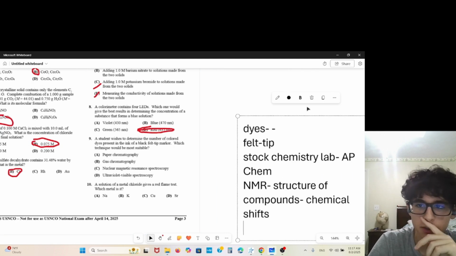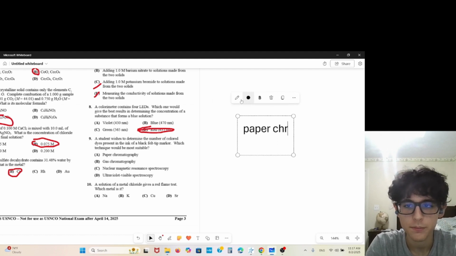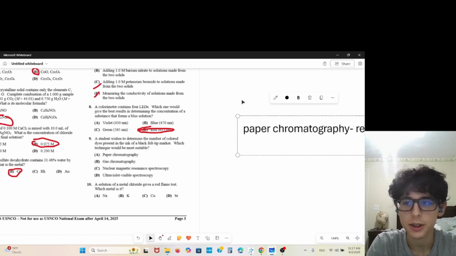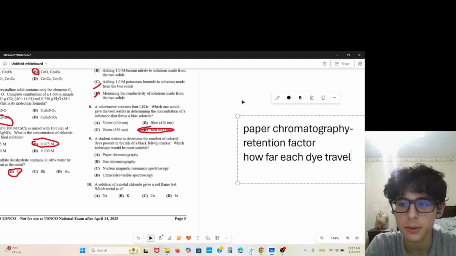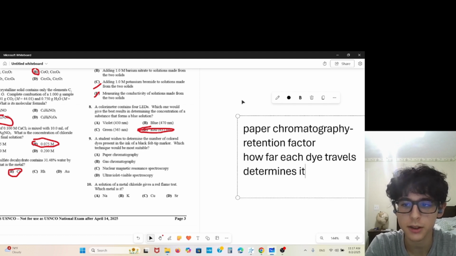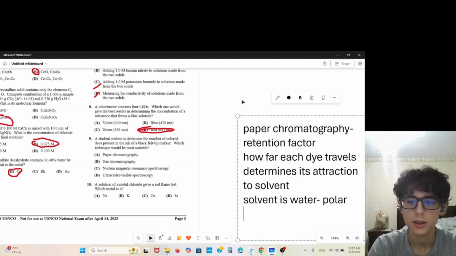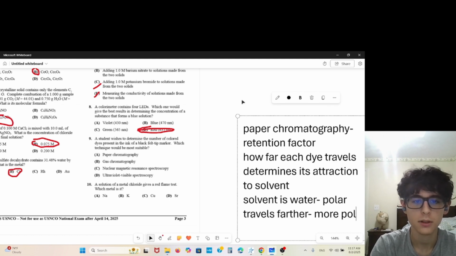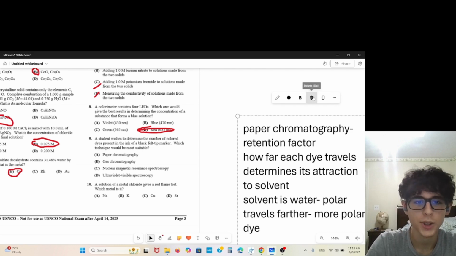And A is paper chromatography. There's a retention factor: how far each dye travels determines its attraction to the solvent. If the solvent is water, which is polar, and the dye travels farther, it's a more polar dye. Right. So yeah, this is A.